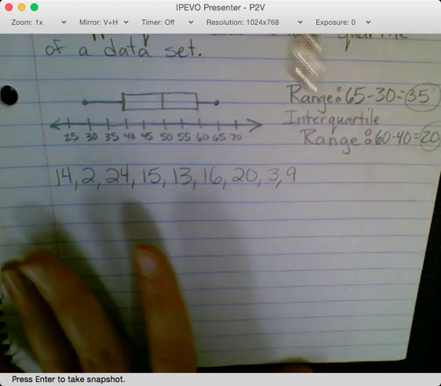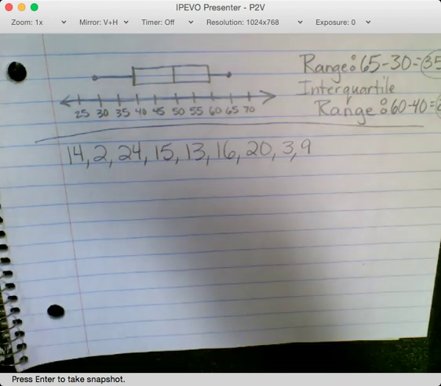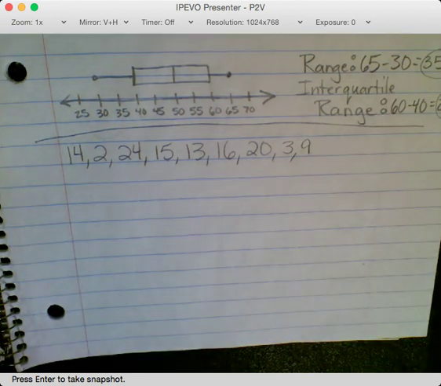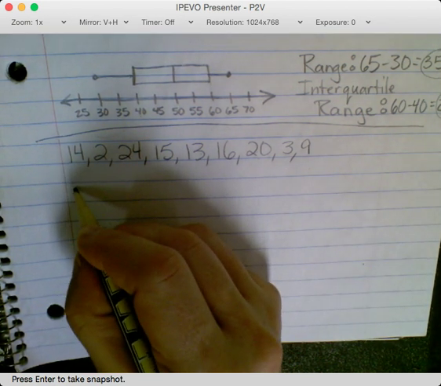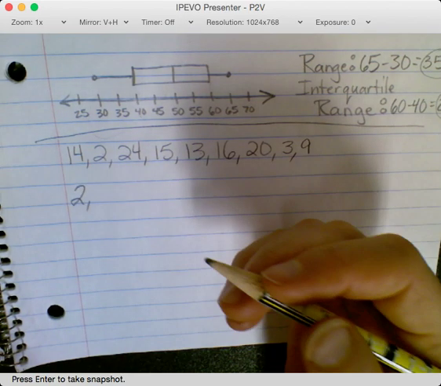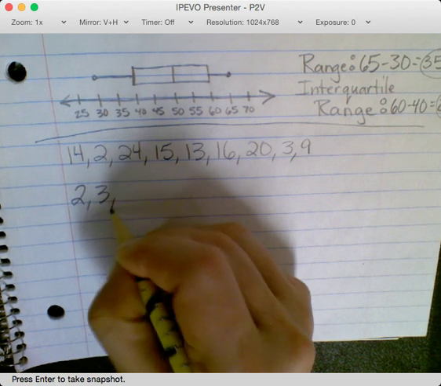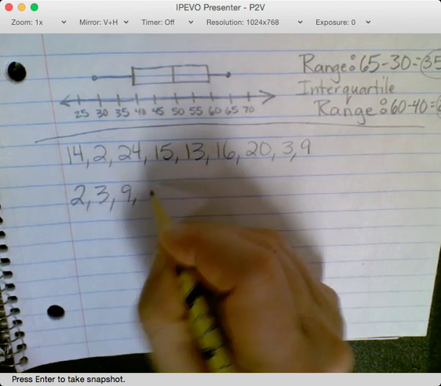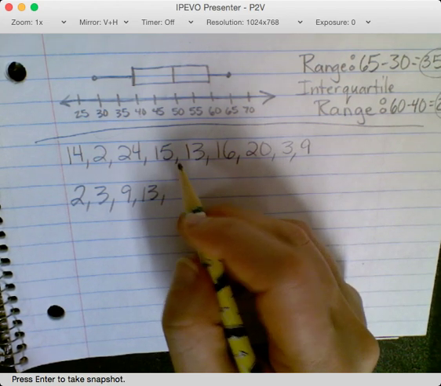Now this next example, I've given you a data set, and you have to do a little bit of work on this one. So the first thing that you're going to do is to find the different quartiles. So I'm going to put them in order so that I can find the upper and lower quartiles.